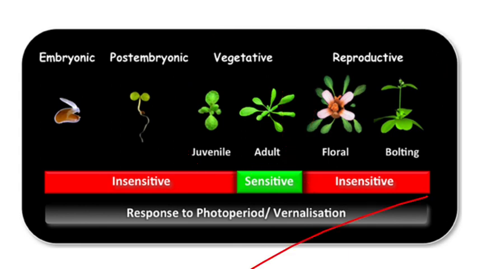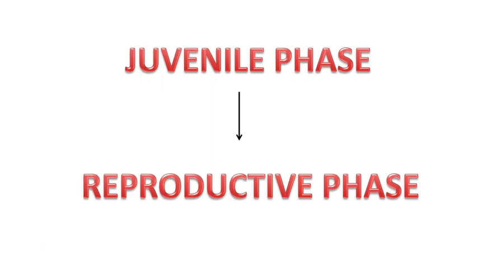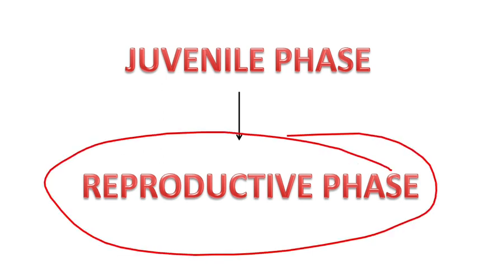Now next we are going to talk a little more about this phase. After the juvenile phase, we have another phase which we call the reproductive phase. The juvenile phase is the phase where the organism grows enough and matures.